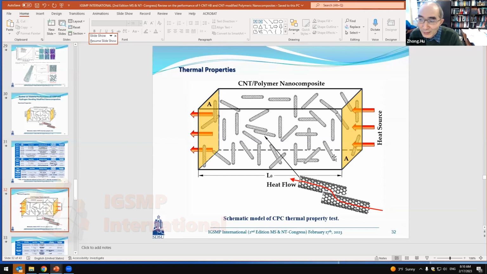It's a similar way: when you apply a heat source on one end, on the other end maybe you apply a heat sink, that is a cooling area. So the temperature will be transferred from high to low, and that increases the thermal conductivity. Sometimes we need to use this design.